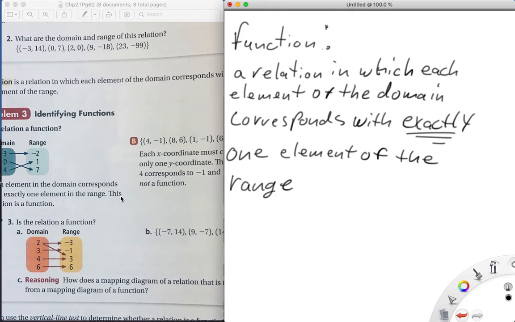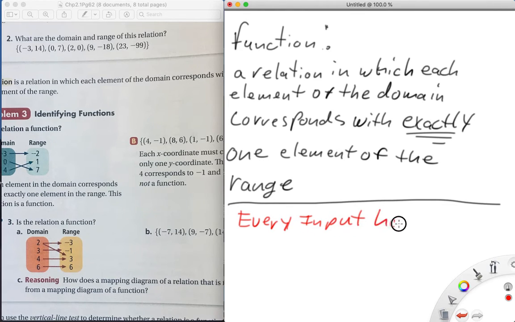That means that every input has only one output. Every input has only one output.